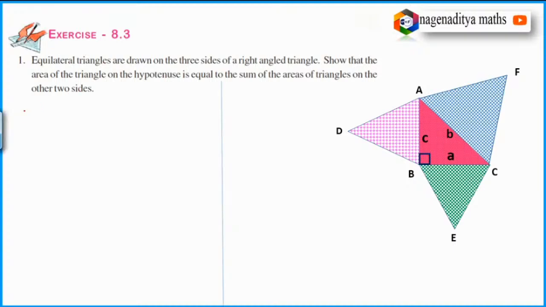Okay, so first, given: triangle ABC is a right angled triangle.